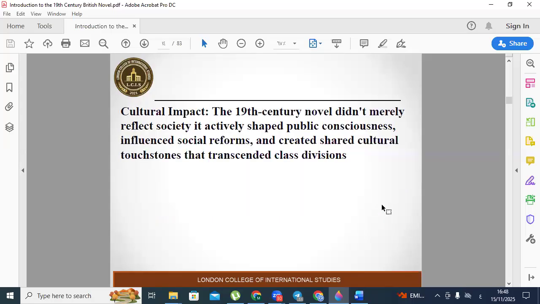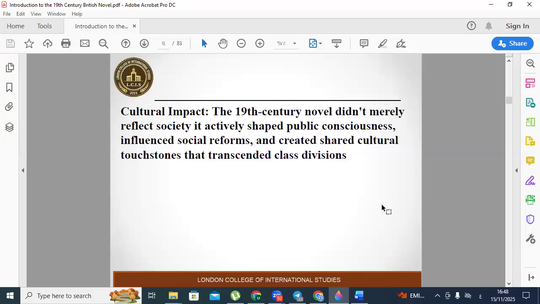Cultural impacts. The 19th century novel didn't merely reflect society; it actively shaped public consciousness, influenced social reforms, and created shared cultural touchstones that transcended class divisions. This is really important to understand.